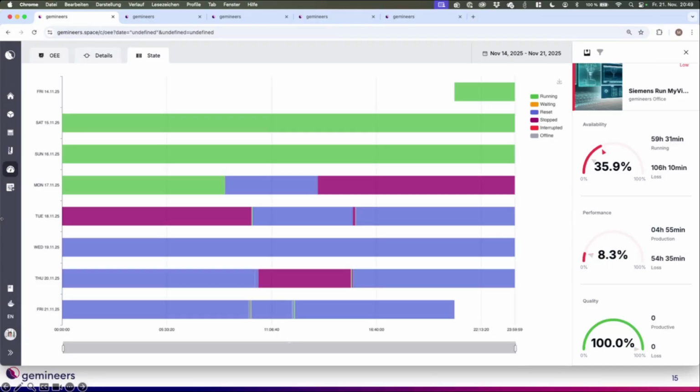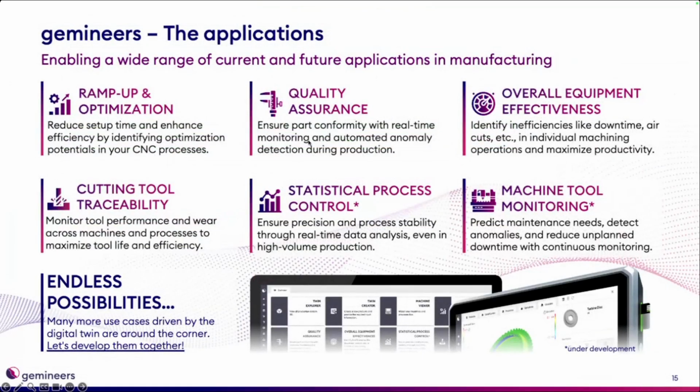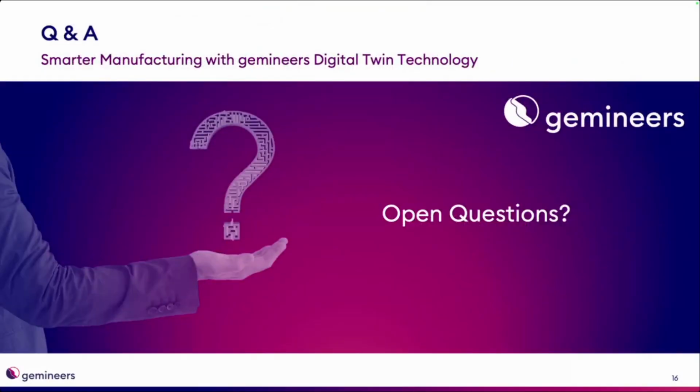We use real-time machine data collected 24/7 to have full traceability, to create a digital twin based on this machine data, and use it for different kinds of applications, starting with predicting or evaluating quality, doing troubleshooting, optimizing processes, and having high transparency on your complete shop floor. Yeah, and this would be more or less the end.